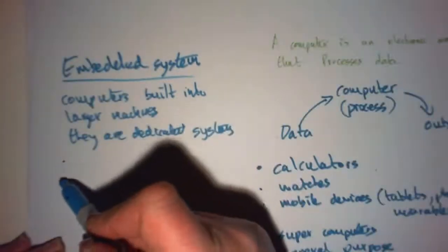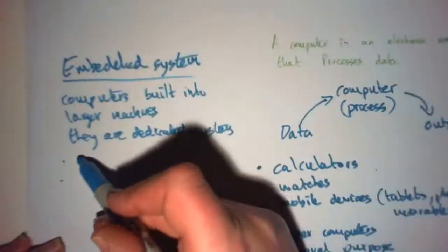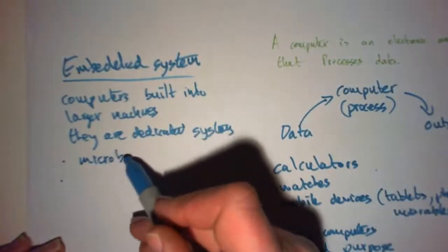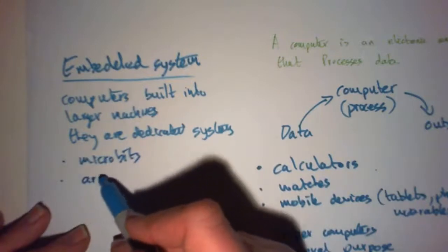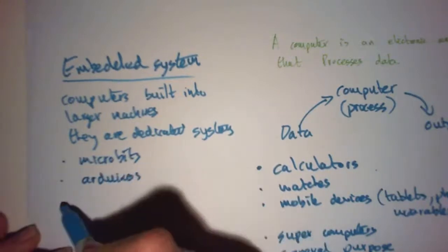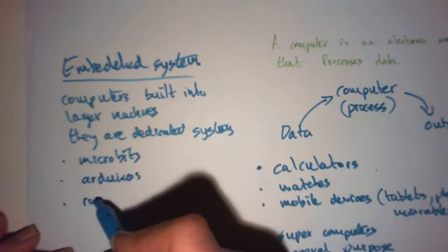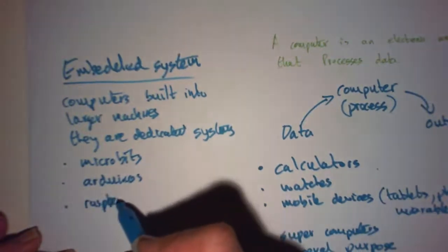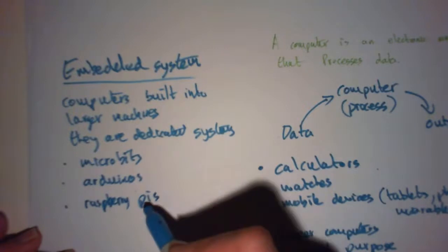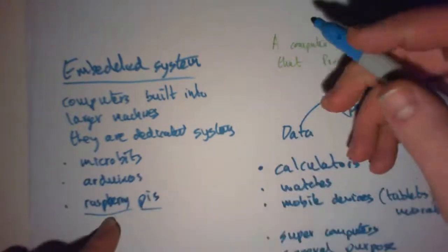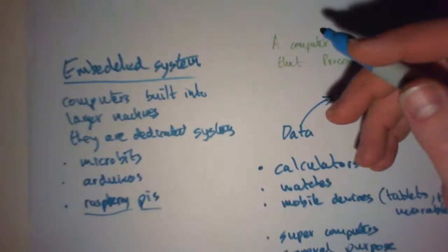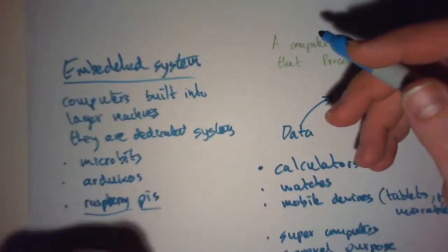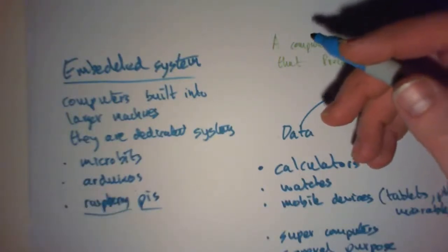Now, of course, the embedded systems that we use are micro:bits, Arduinos, and to a lesser extent, Raspberry Pis. And why I say to a lesser extent Raspberry Pis, because most Raspberry Pis are full functioning computers, even though a lot of them are just used for one or two tasks.